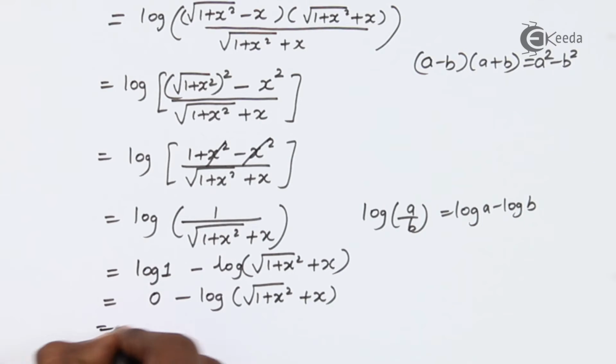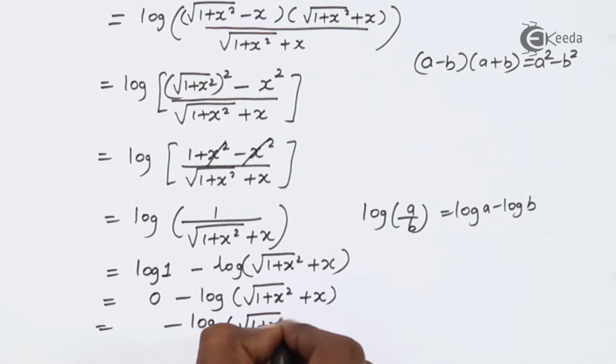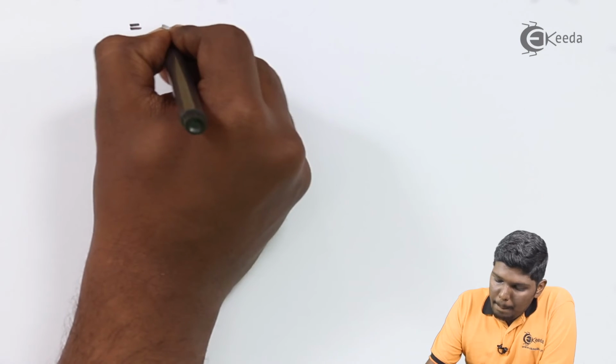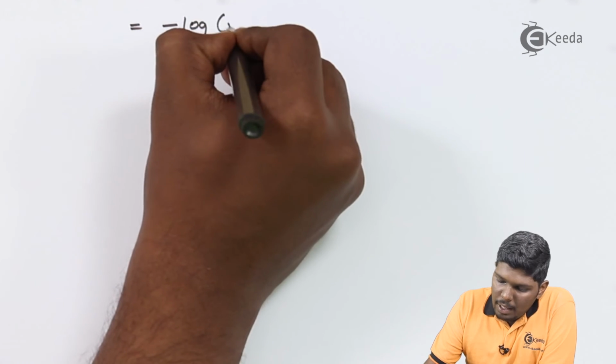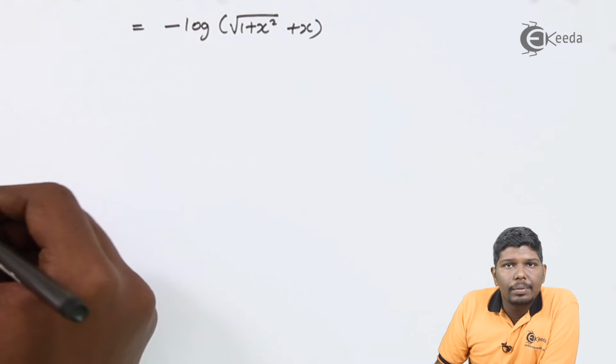At last we know that log 1 is 0. So 0 minus log will be minus log only. So we got minus log of under root 1 plus x square plus x.